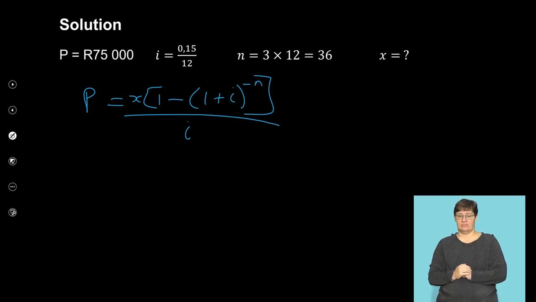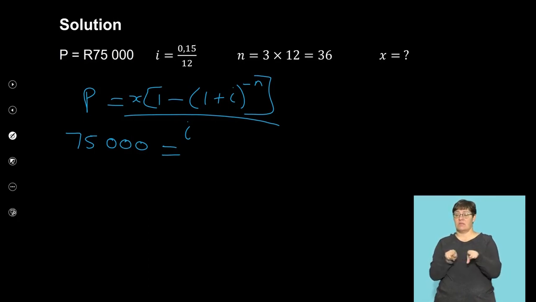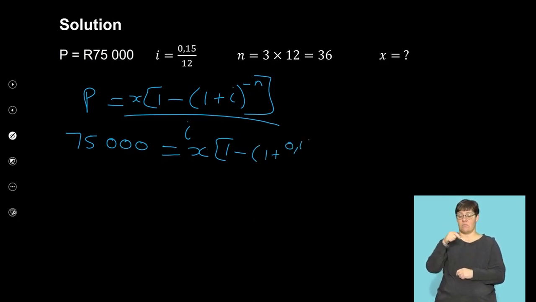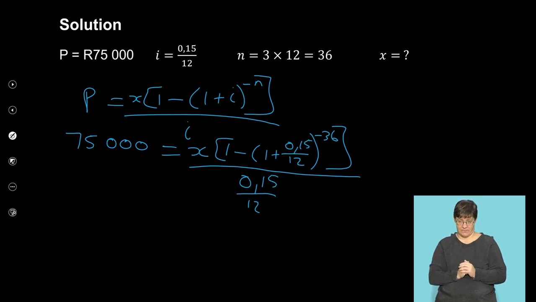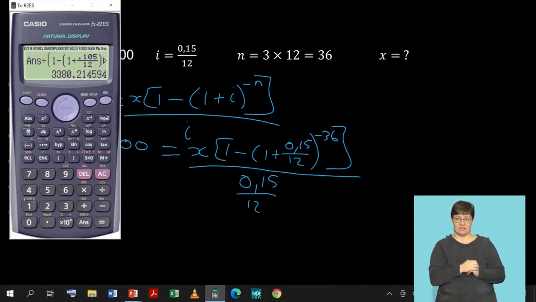The present value, which is the loan she wants to take, is 75,000, equals, we want to know how much she must pay per month, X times (1 minus (1 plus the interest, which was 15% compounded monthly) to the exponent of negative 36 because it's for 3 years), then divided by 0,15 over 12. Now we therefore go to our calculator to do this.